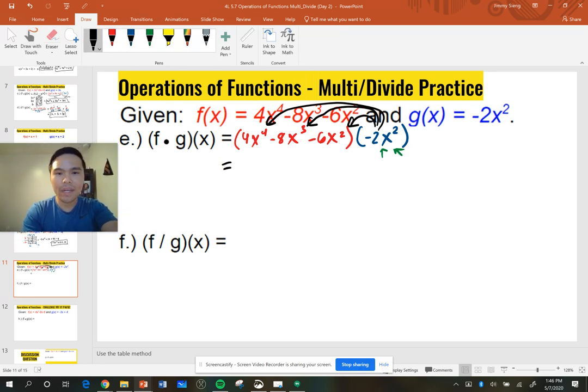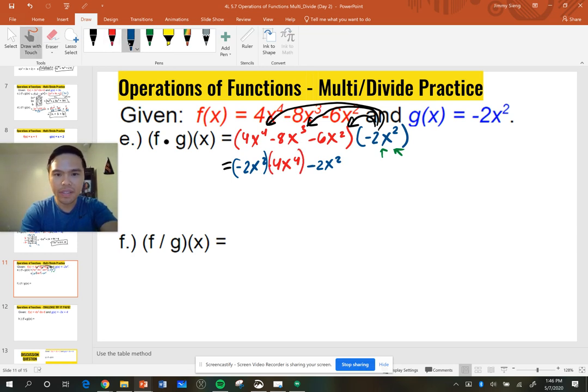So in reality, what I have is, I'll do this in colors, negative 2x squared times 4x to the fourth, minus 2x squared. Trying to get all these grouped up.